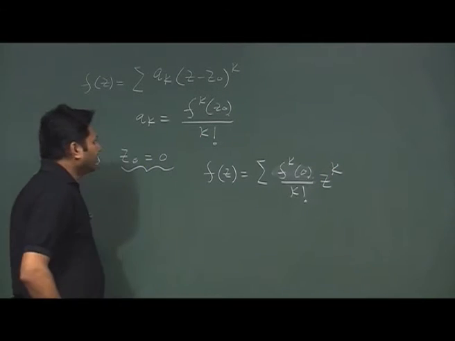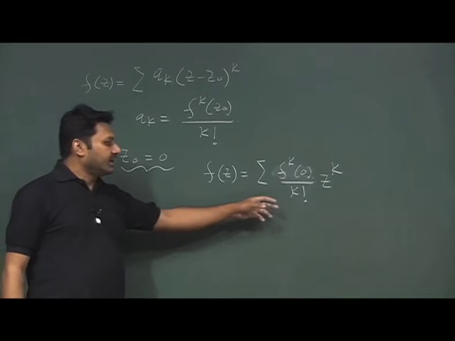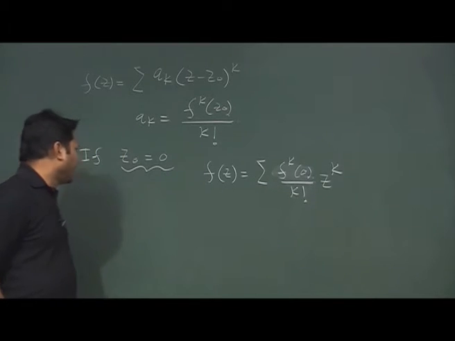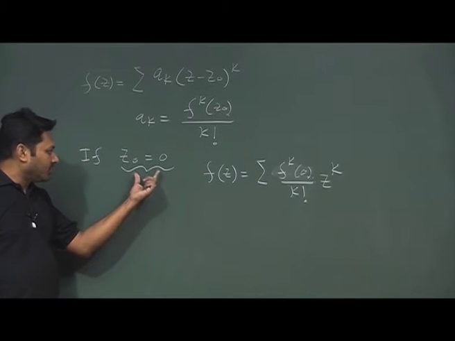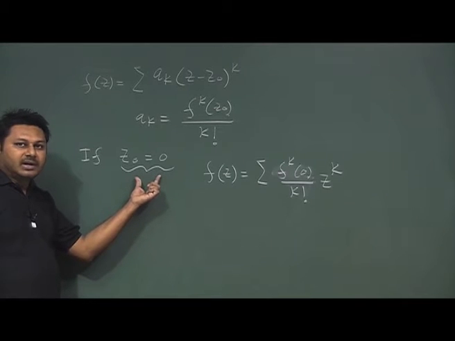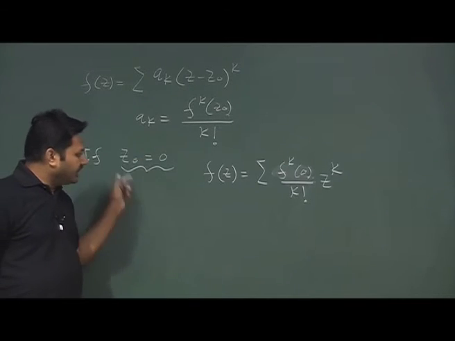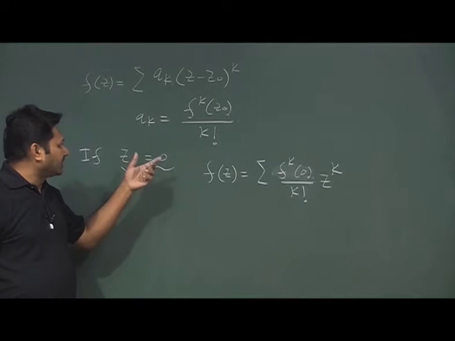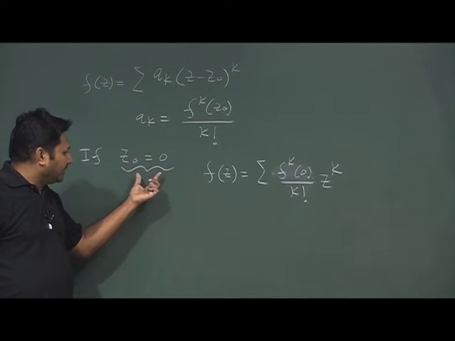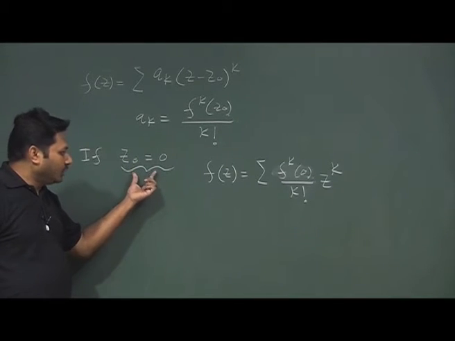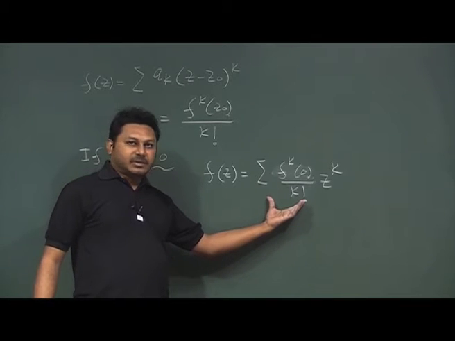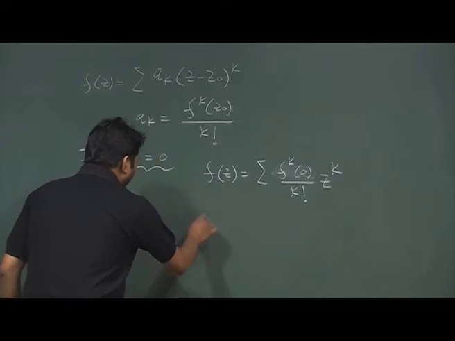The same function is now represented in this way, since I put z0 equal to 0, because z0 is the point around which I try to expand my function, but I put z0 point as 0. If I do that, then I have another expression. So this is called the Maclaurin series.